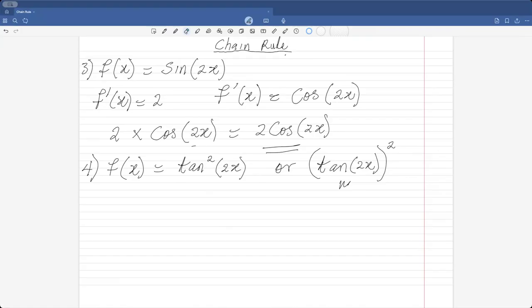And now, if we look at the other way of writing this question, you will realize that tan 2x is in the parentheses. So we must be very, very careful when trying to find the derivative. So let's move further. So what is the derivative of the inside function?